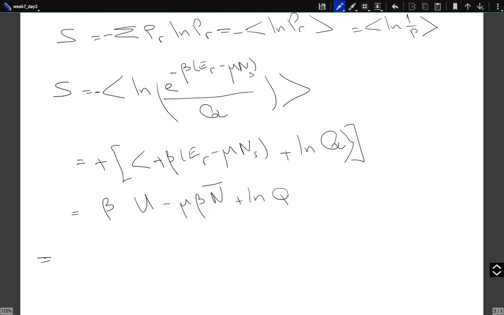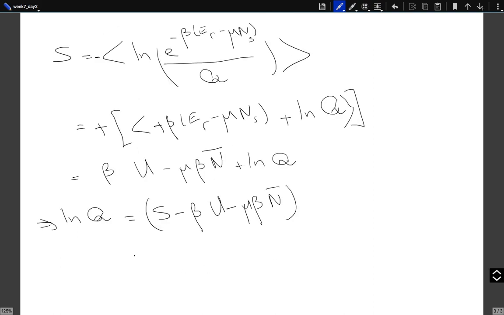So this tells me that the logarithm of Q, this grand canonical partition function, is equal to S minus beta U minus mu beta N. Let me take the beta out.